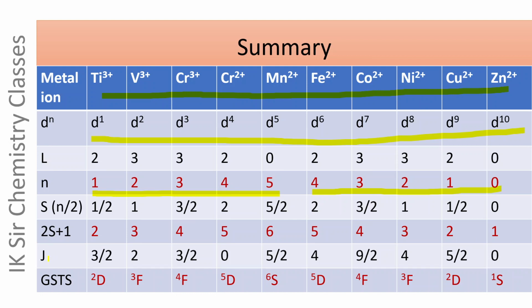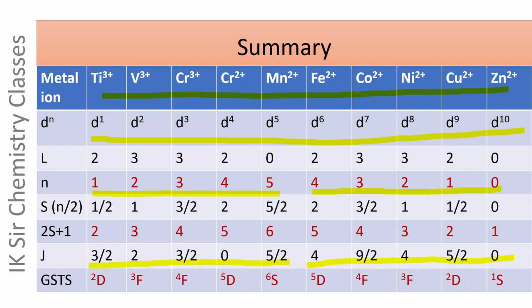These are the values of capital J. When the subshell is less than half filled, the minimum value of J is selected, that is L minus S. And when the subshell is more than half filled, the maximum value of J, L plus S, is selected for the ground state term symbol.